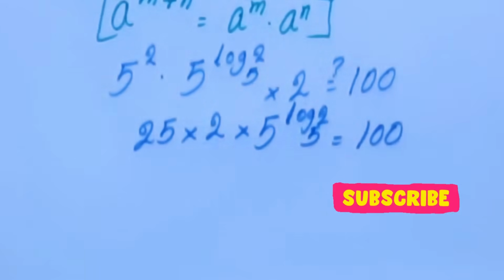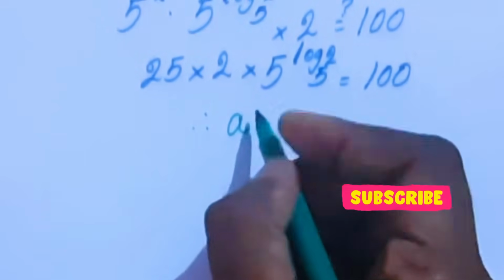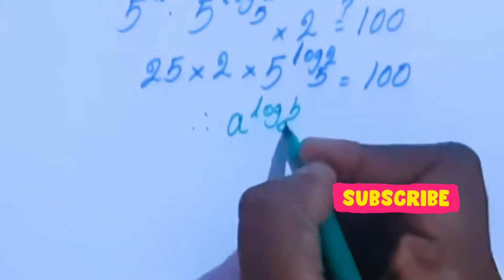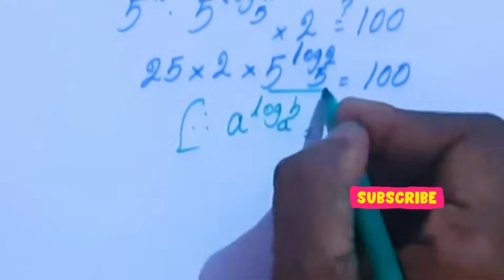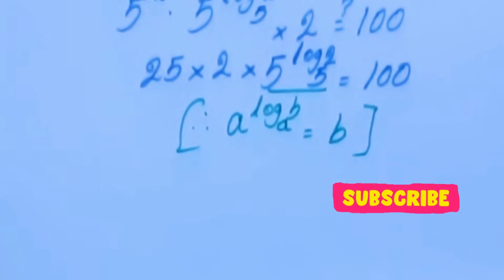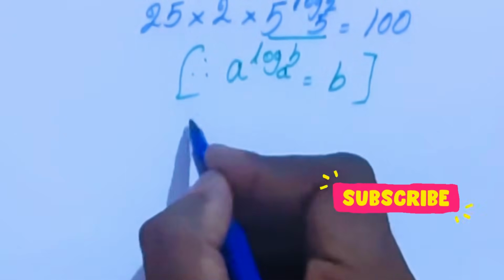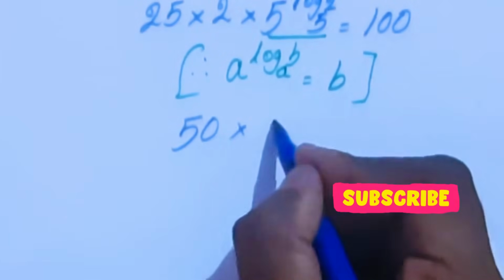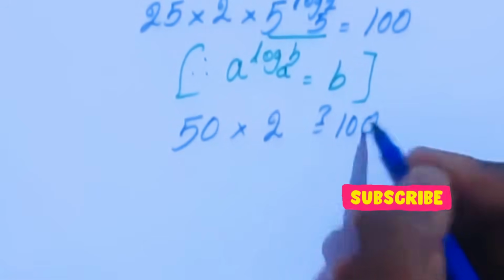Now this formula we are going to apply here. A power log b base a equal to b. This formula we are going to apply here. So we'll get 25 times of 2 is 50 times of, as per this formula here it is 2 equal to 100.